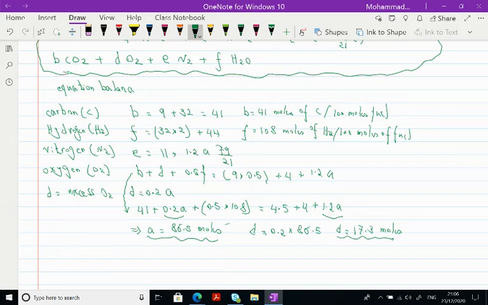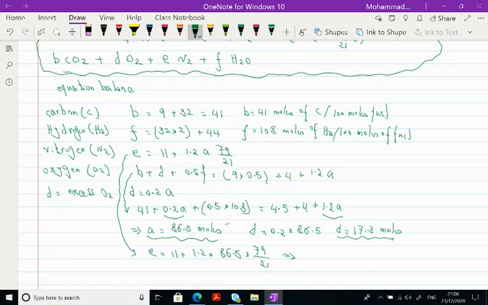And then from this equation, we put the values and we get E. E is equal to 11 plus 1.2 times 86.5 times 79 by 21.